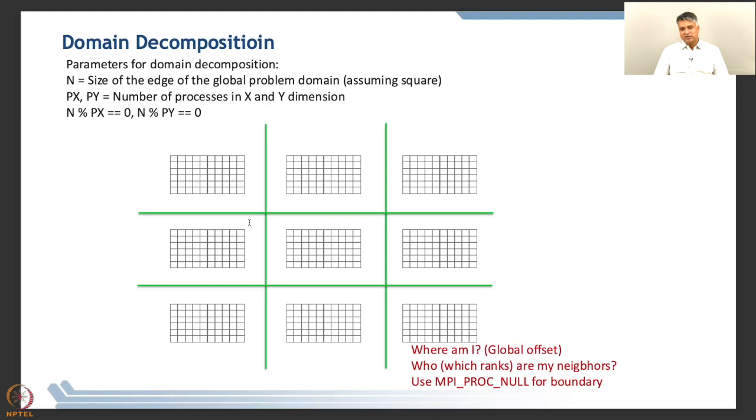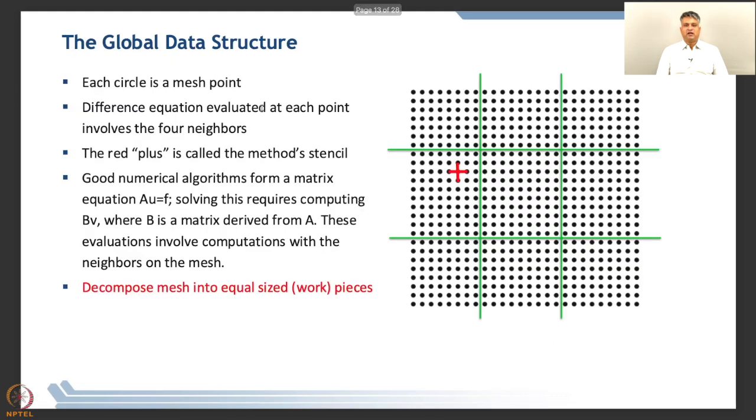The global boundary is the actual boundary of the physical problem, which is on the outside. So if you were to go back here and look at the boundaries which are not the green lines, but the boundaries which I am now highlighting with my mouse pointer, that is the global boundary of the problem.